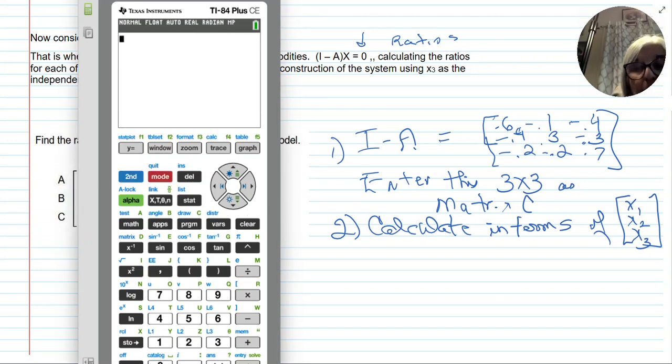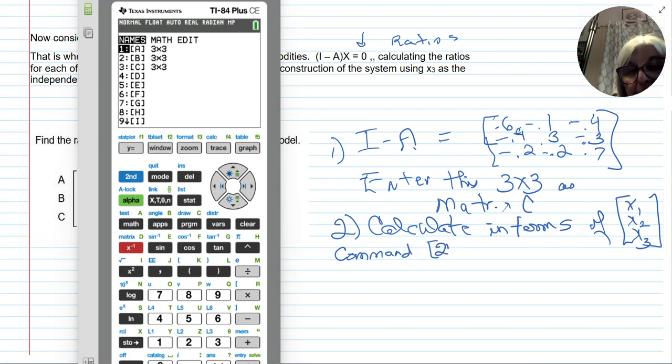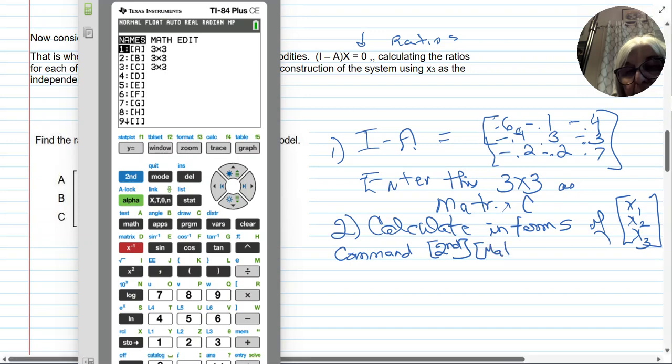All right, so I'm on the home screen, and I want to do math, second matrix, and I'm going to go over to math.